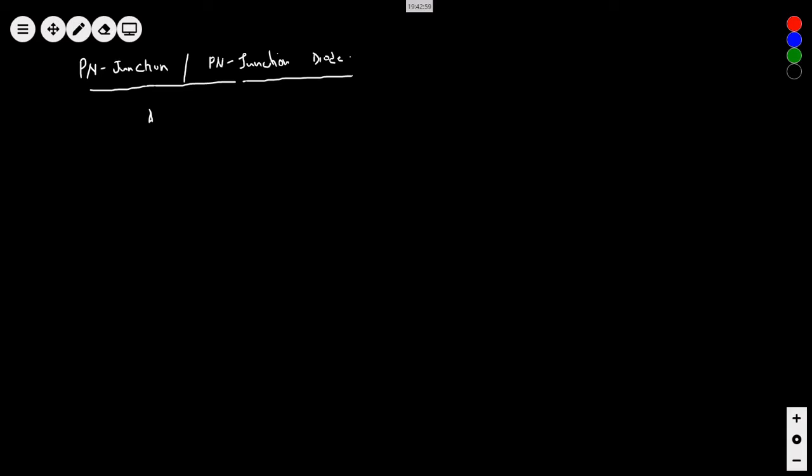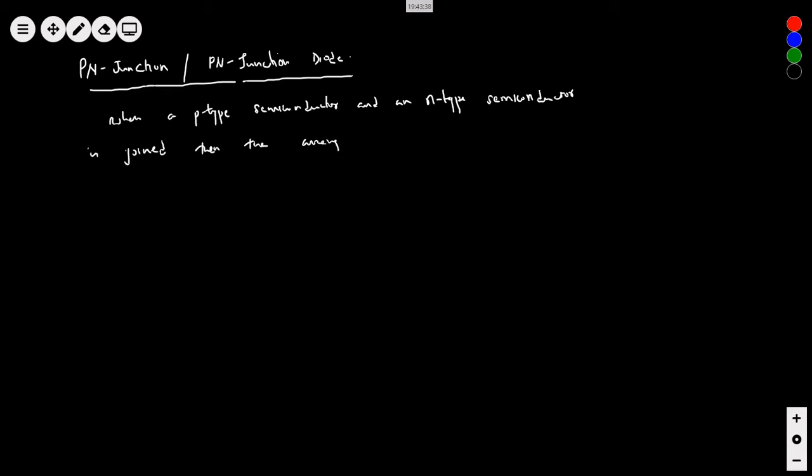A PN junction diode: when a p-type semiconductor and an n-type semiconductor are joined, the arrangement is known as a PN junction diode.